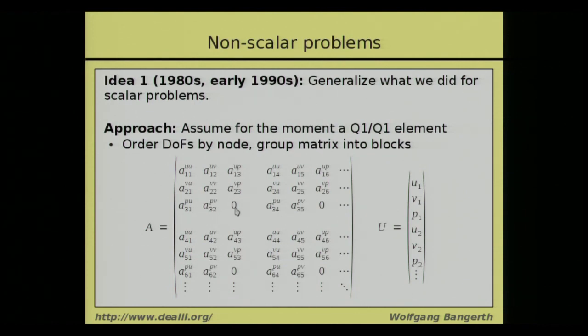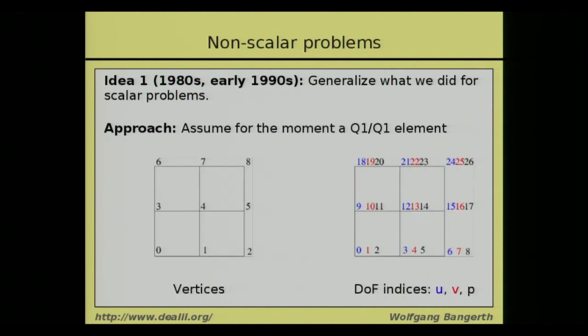Namely, these are all of the degrees of freedom that are defined on the first vertex, and then these are all the ones that are defined on the second vertex, and so on and so forth. So that is also the structure of my solution vector, of course, u1, v1, p1, and then u2, v2, p2. Okay? So I can consider my 27 by 27 matrix as something that is composed of 9 by 9, 3 by 3 systems. And 9, of course, corresponds to the total number of vertices. I have 9 vertices here.